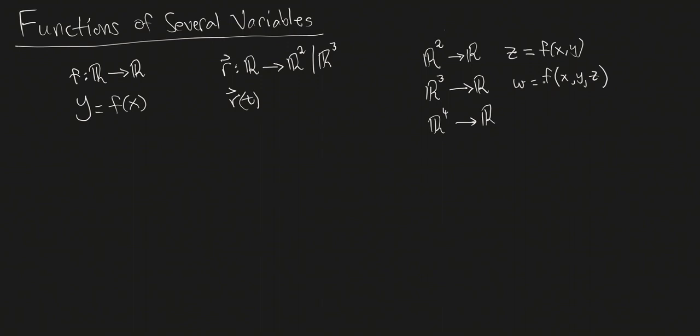And if you include the dimension of the domain and the dimension of the codomain, you end up with 3. In other words, you have 2 numbers in and 1 number out.